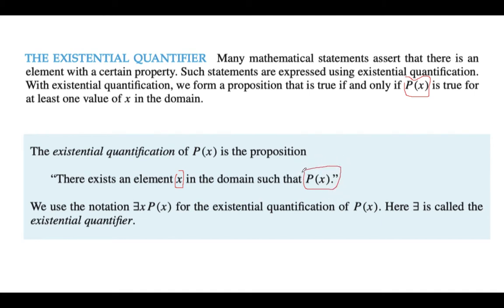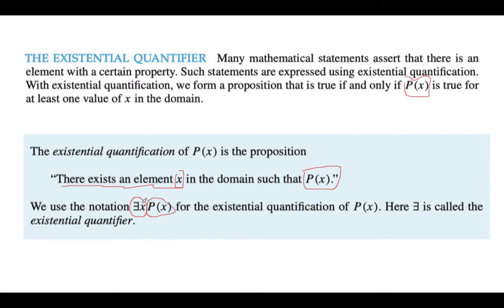Okay, we use this notation, and when we say there exists an element, this is the notation there exists x P of x for existential quantification, meaning there exists an x for which this P of x is true.